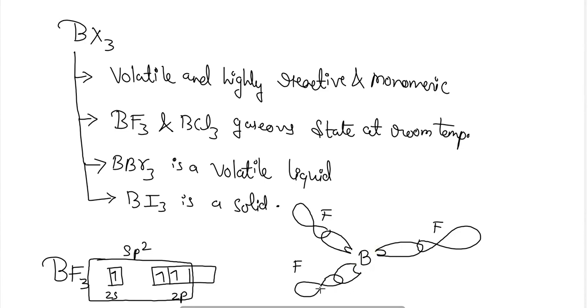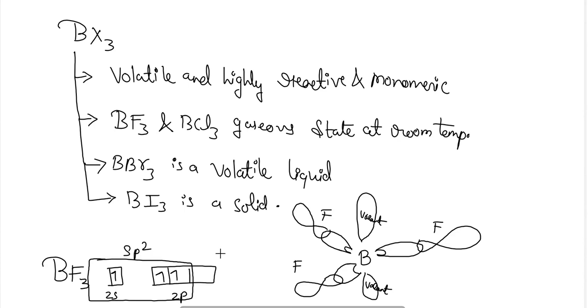So this will be the trigonal planar structure for the boron, and here you can see that a vacant orbital is present for the boron.